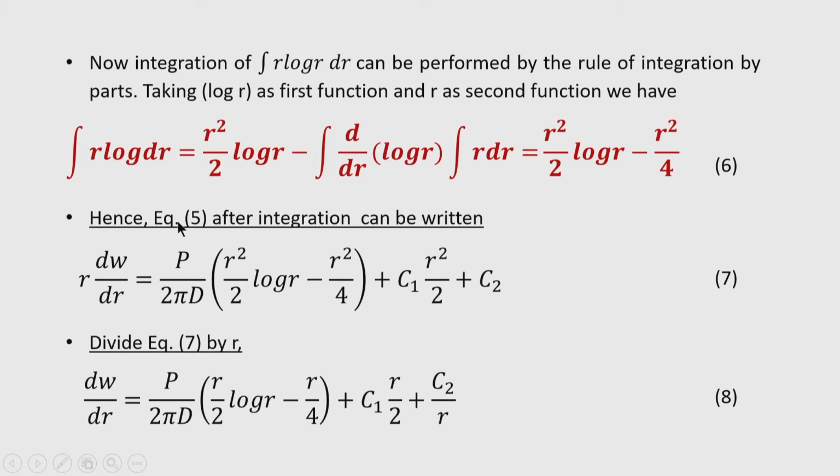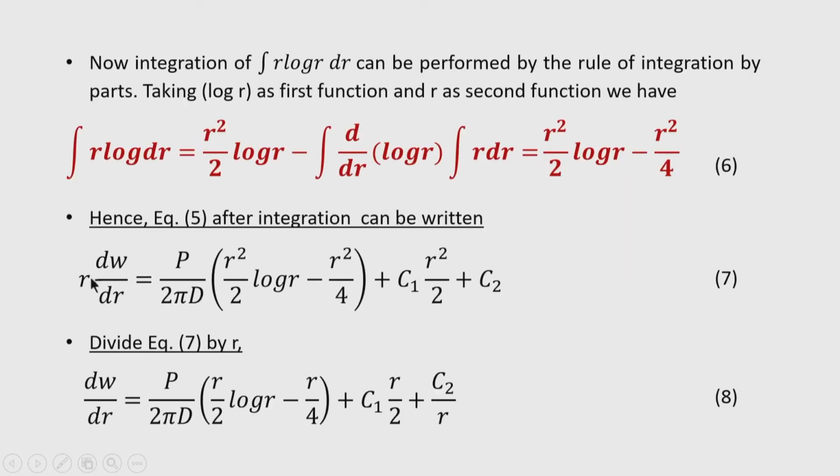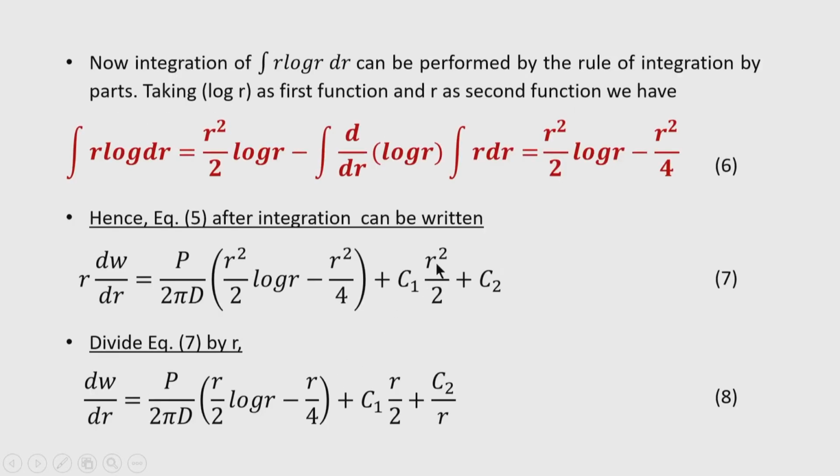Hence equation 5 after integration becomes r dw/dr equal to P by 2 pi D times (r square by 2 log r minus r square by 4) plus C1 r square by 2 plus C2, another constant of integration. Now, here we are integrating a third order equation, so naturally 3 constants of integration will appear.